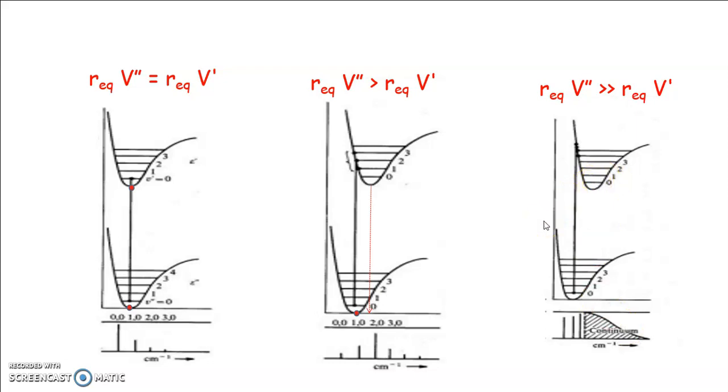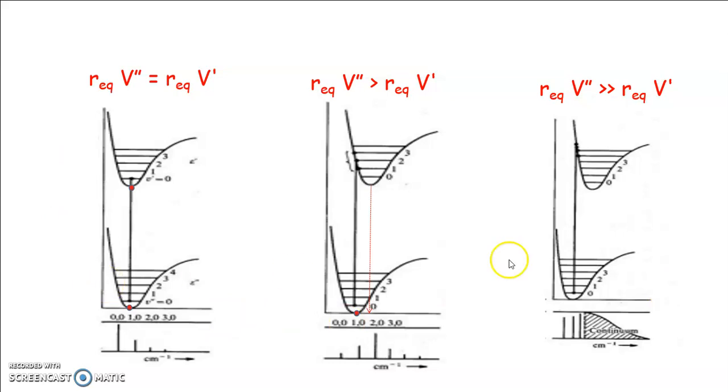By the Franck-Condon principle, as the molecule does not get enough time to change its internuclear distance, that is the R equilibrium, appreciably, the most probable transition according to the Franck-Condon principle will be the 2-0 transition. 2-0 line.